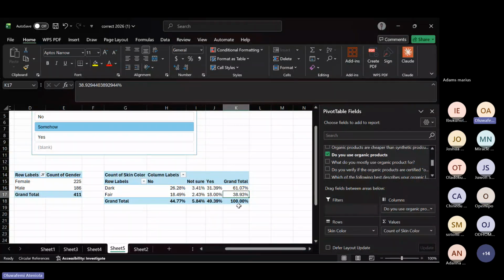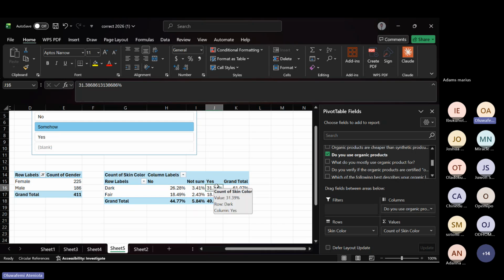Yes, sir. So now for both dark skin and light skin, everybody in general, we ask them a question, do they use organic products? Now, this 26 here is implying that 26% out of everybody, meaning you have over 70-something percent left aside to be distributed, 26% of them are dark skin saying no, they do not use organic products. 3% is saying that they are not sure if they use organic products.